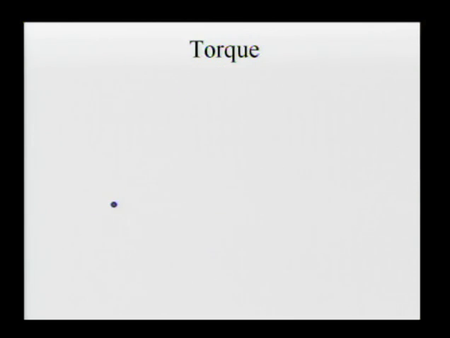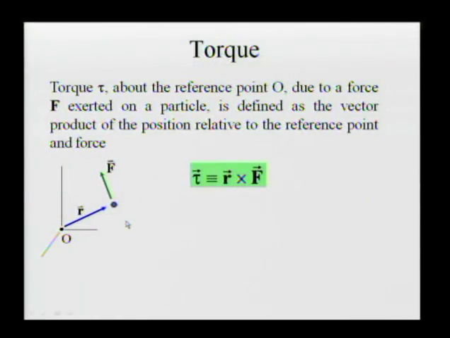All right, because now the corresponding description of interaction is called torque. And torque is defined in a very similar way. If a certain force is exerted on a particle, then the torque due to this interaction about the same point, about the reference point, is equal to the vector product of the position of the particle multiplied by the force.